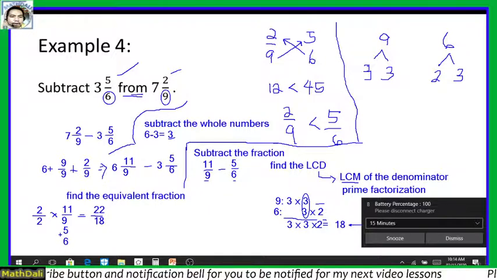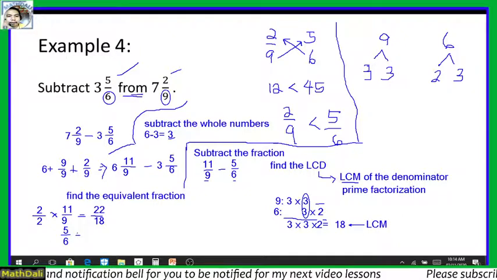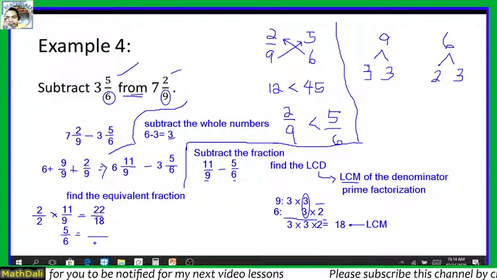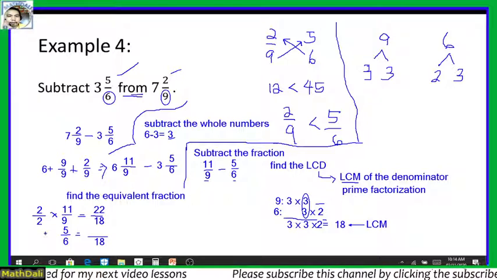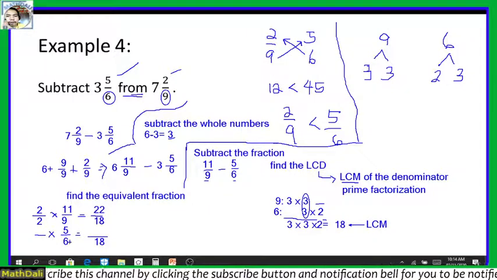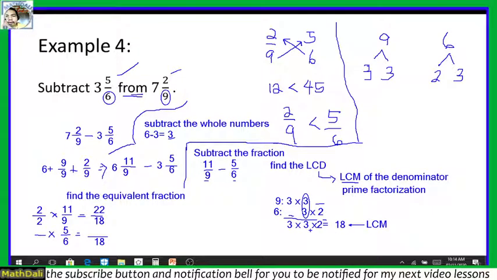Ano yung imumultiply natin sa 6 para makuha yung LCD na 18? Definitely, divide lang natin. 18 divide nyo sa 6, that will be equal to 3. So, yun yung multiply natin both numerator and denominator. So, mapapansin niyo dito, factor ng LCM na wala sa factor ng 6 ay yung 3.